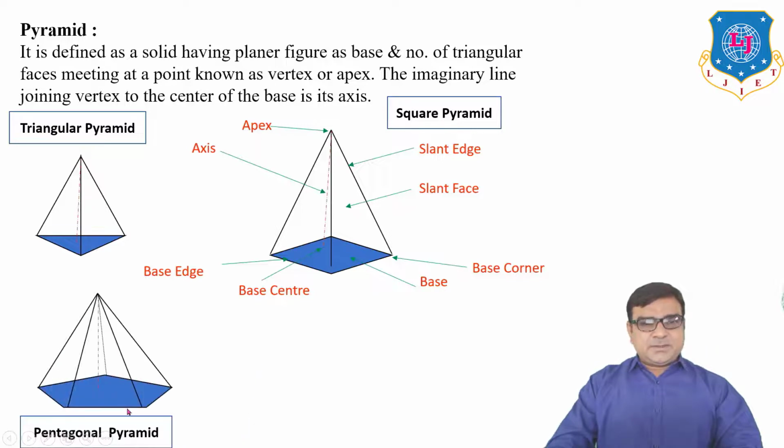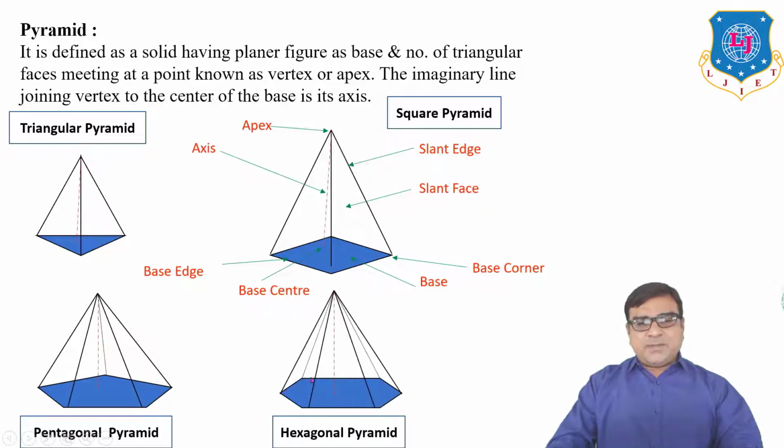Pentagonal pyramid. So base regular pentagon, and there are five triangle faces. In hexagonal pyramid, base regular hexagon, and there are six triangular faces. Now keep in your mind, in all prisms, lateral surfaces are in rectangle shape, and in all pyramids, lateral surfaces or faces are in triangle shape.